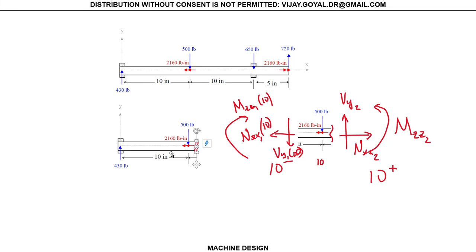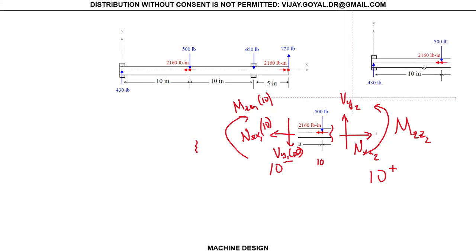Okay, let's leave this over here. The equations that we found were Vy1 of x was equal to minus 430.